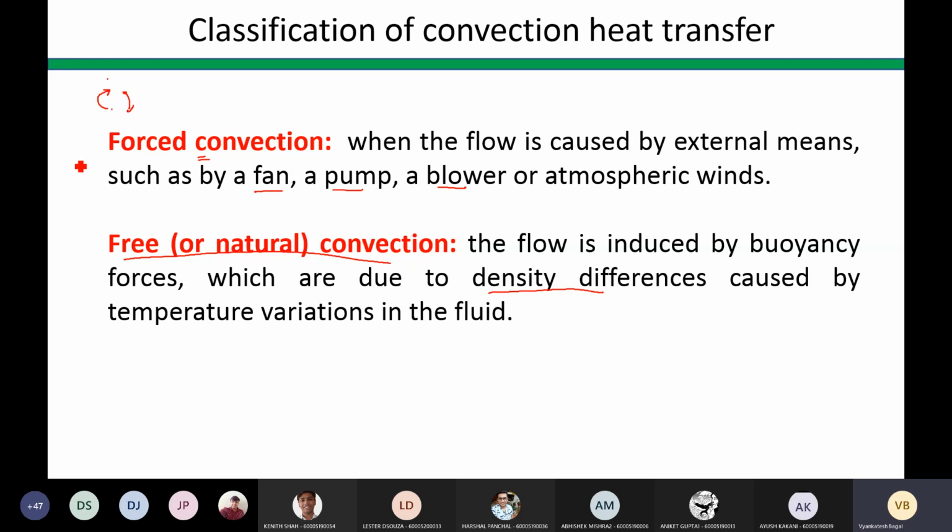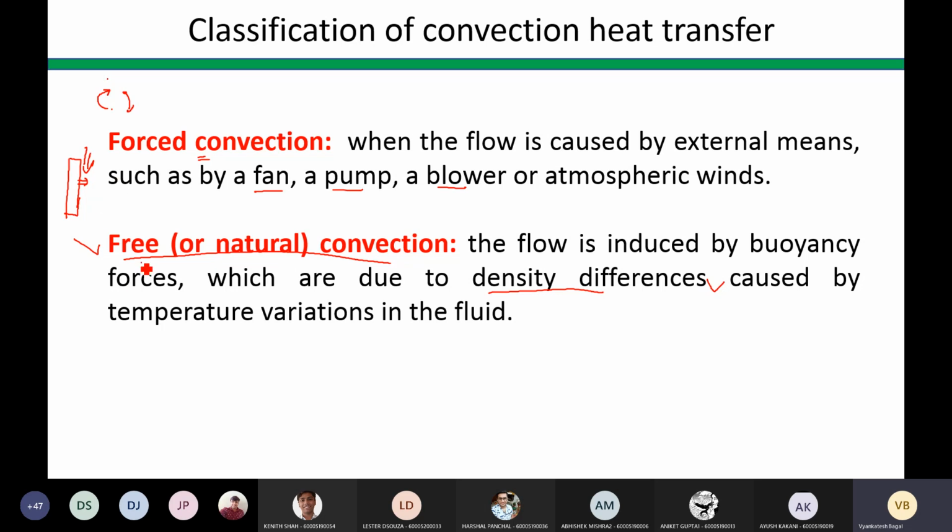For example, if I put a hot plate in a room with still air, and the fan is not switched on, this will eventually cool down on its own, right? Now how does this happen? Because of free convection. We are not forcing the air to move over this plate, but when the air comes in contact with the hot surface, a density difference is established, and this density difference drives the heat transfer.